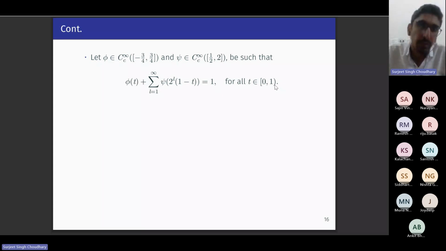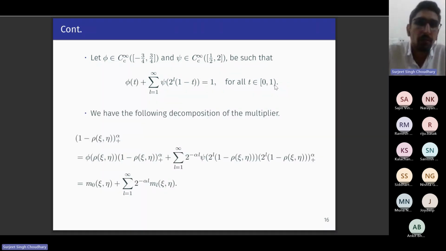Then using this partition of unity, we can decompose our multiplier 1 minus rho of xi comma eta, to the power alpha. We multiply this by rho of xi comma eta on the left hand side and the right hand side, and then we multiply and divide by 2 to the power L alpha. So we get 2 to the power minus L alpha and 2 to the power L times 1 minus rho of xi comma eta, all to the power alpha.